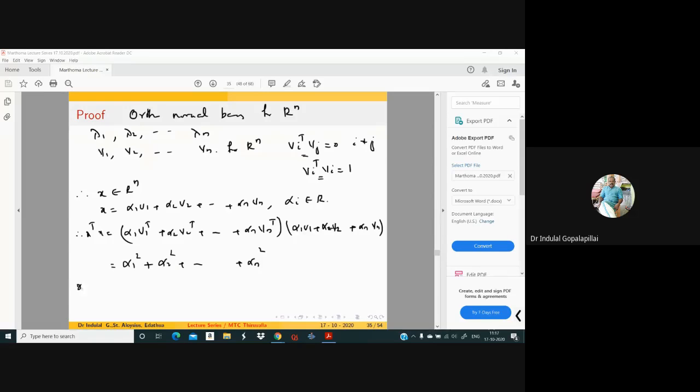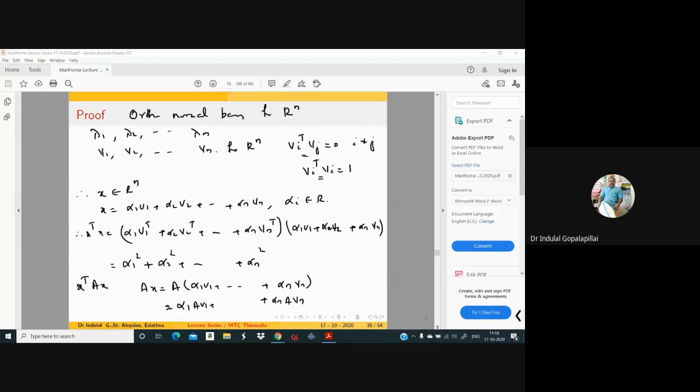And now we are going to compute x transpose Ax. So what is Ax first? Ax is A of alpha 1 v1 plus etc. plus alpha n vn. We know that A is a linear operator when we regard it as a linear operator from Rn to Rn. So using linearity of A, this can be written as alpha 1 A v1 plus etc. plus alpha n A vn.